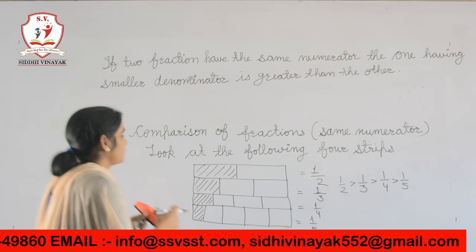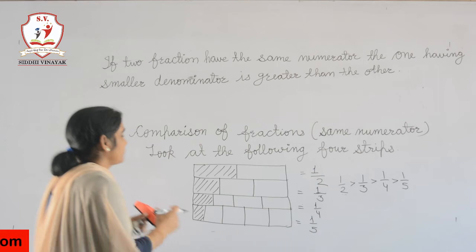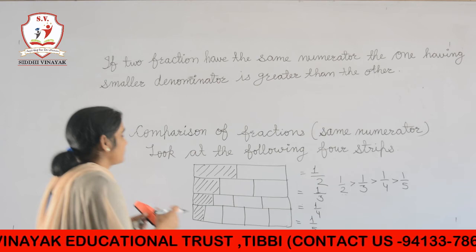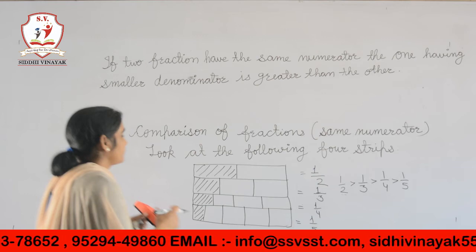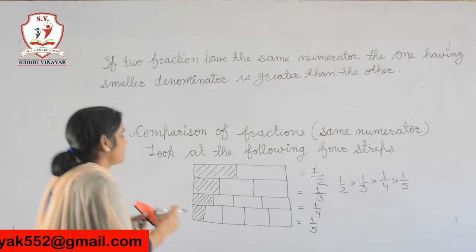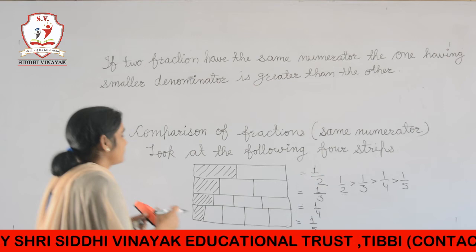Observe this figure, 2 is a part of the whole. In the third figure, 3 is a part of the whole. 1/4 plus 2/4 plus 3/4, with the same denominator.